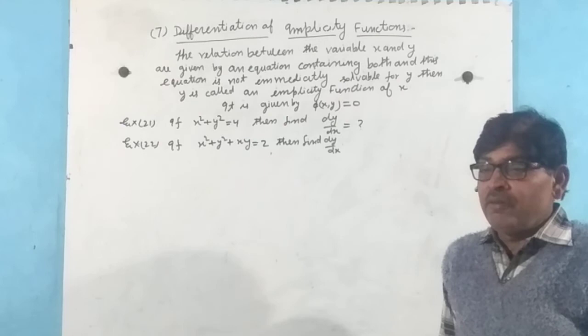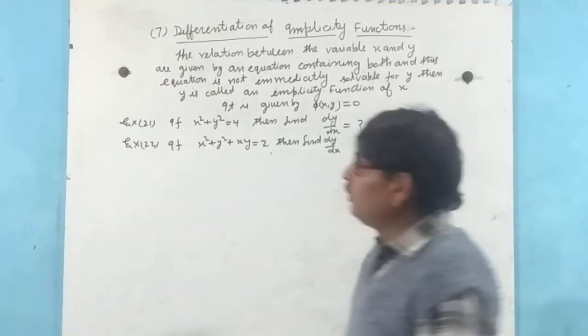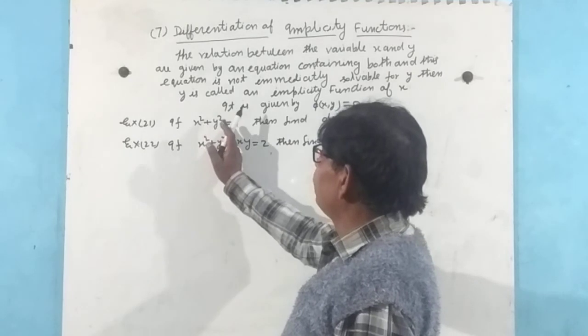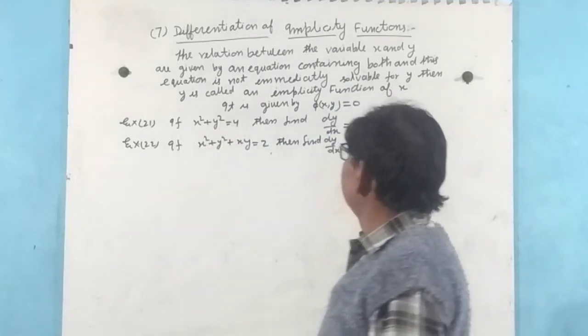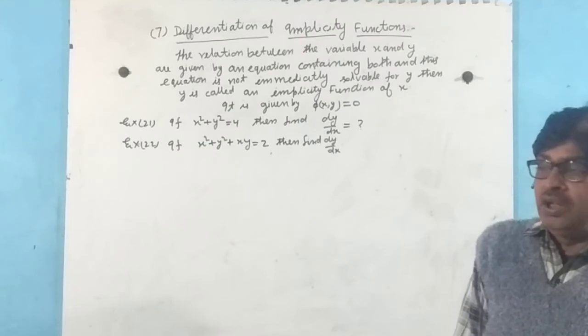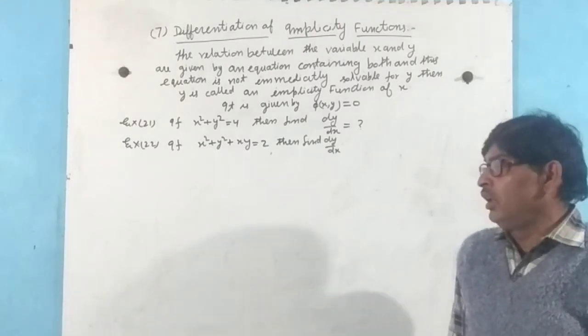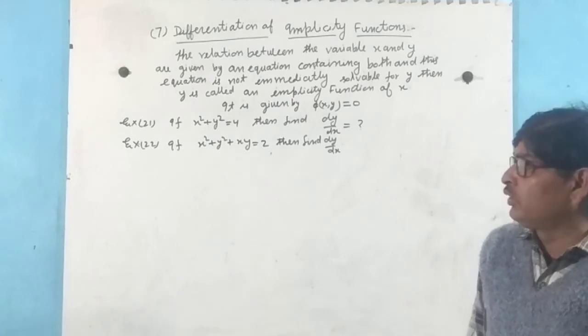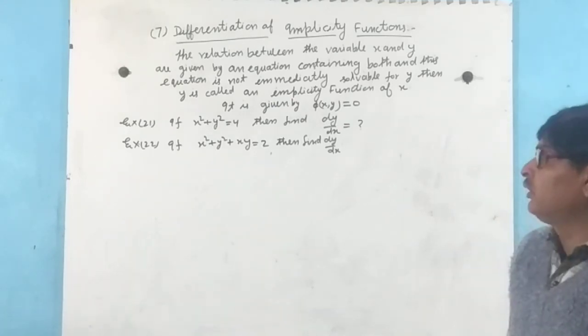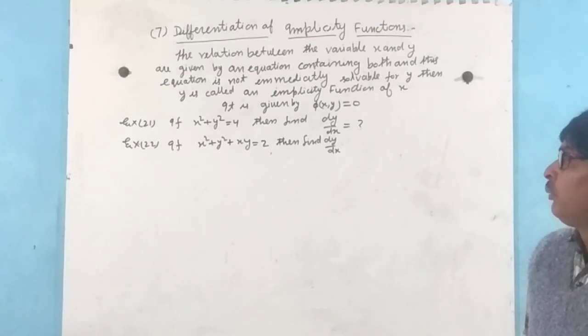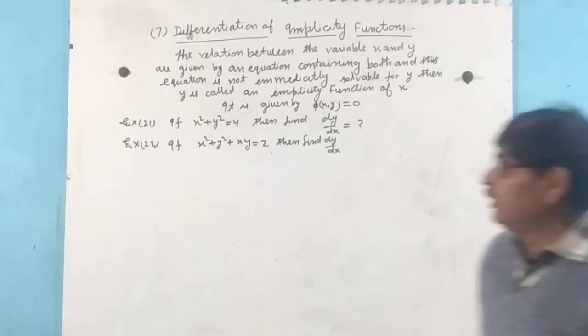Now we take example 21, x square plus y square is equal to 4, then find dy by dx, a differentiation of the function with respect to x. And another example 22, if x square plus y square plus xy equal to 2, then find dy by dx.